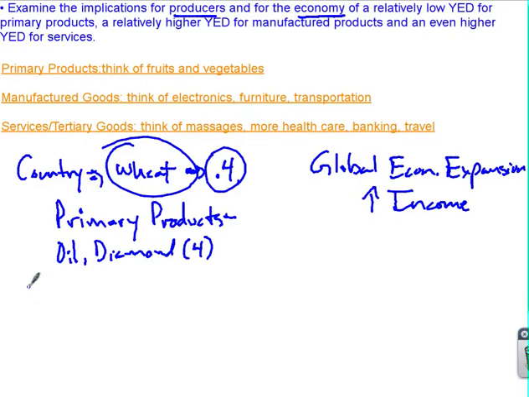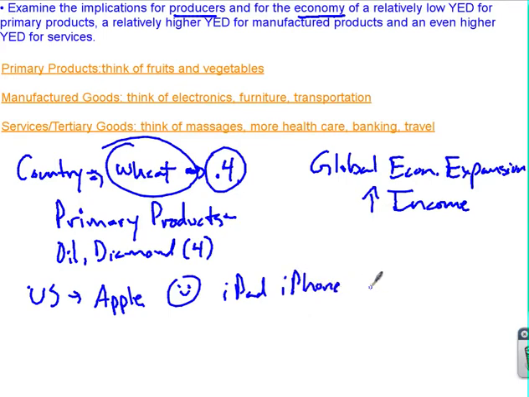So think of a country like, let's say the U.S. If there's a big increase in income, do producers in the U.S. benefit? Somebody like Apple, do they benefit when there's a big increase in incomes? And you would say they would be extremely happy with an increase in incomes because they have things like iPads and iPhones and iPods and iTV.